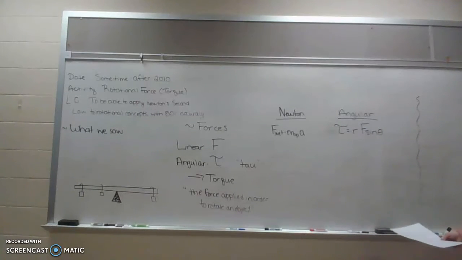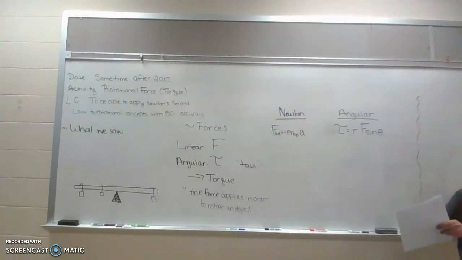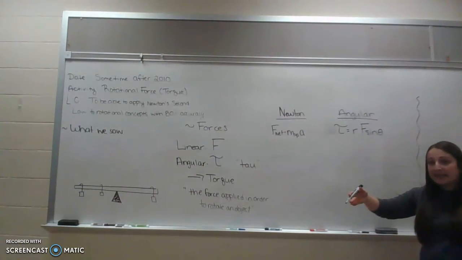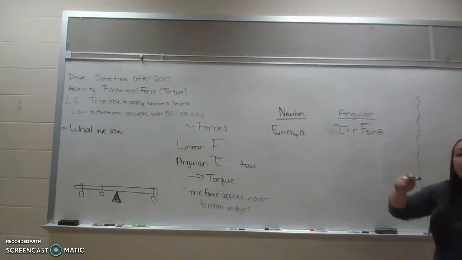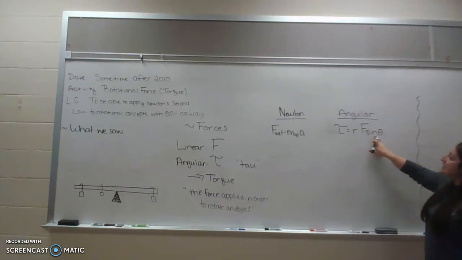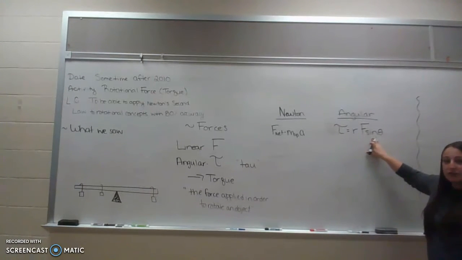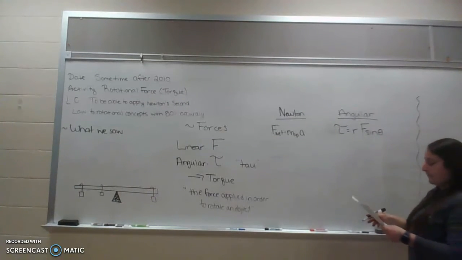Which kind of looks like the work equation, but with the opposite trig function. And instead of traveling a distance, we are looking at the radius, so a distance, over which the force is being applied in order to rotate that object. And again, it is going to be perpendicular to the surface, because that's the only way you're going to get a rotation. So that's why that sine theta is there.